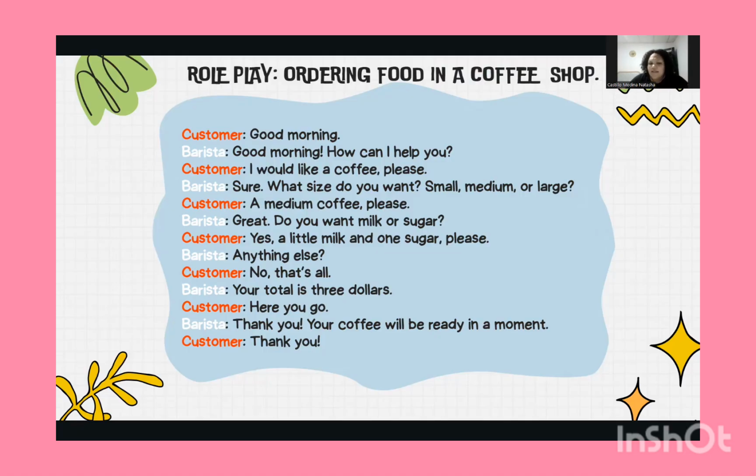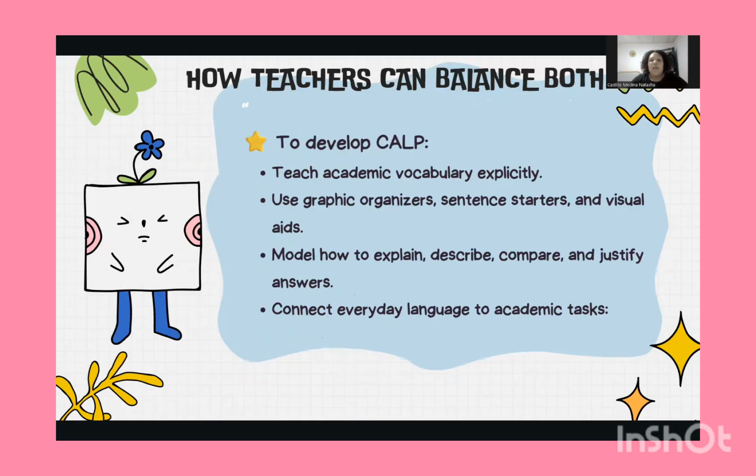Barista: Anything else? Customer: No, that's all. Barista: Your total is $3. Customer: Here you go. Barista: Thank you. Your coffee will be ready in a moment. Customer: Thank you.